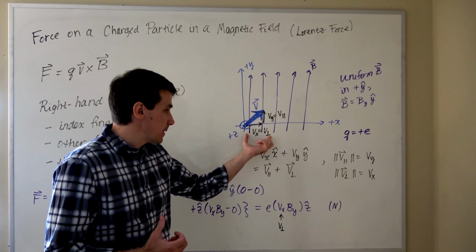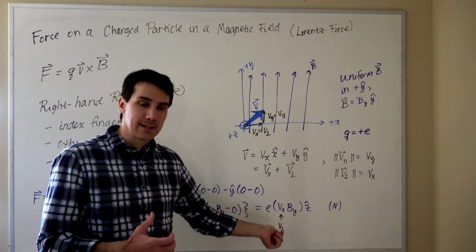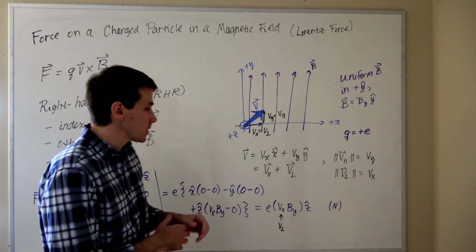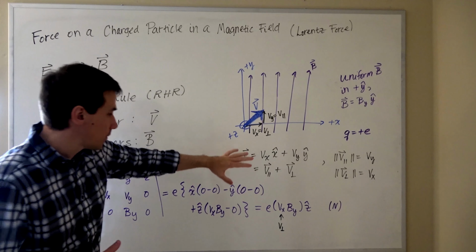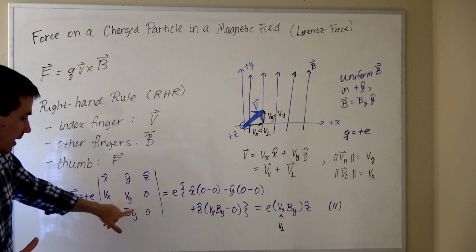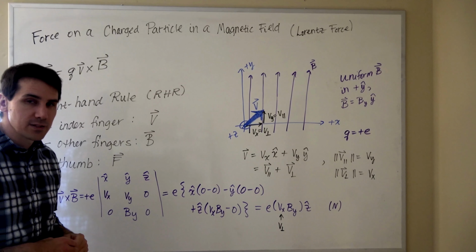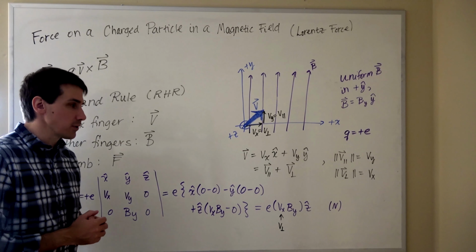Only the perpendicular velocity, our x velocity, contributes to our magnetic force. Our y component of velocity got multiplied by 0 each time, such that it did not contribute to our cross product.